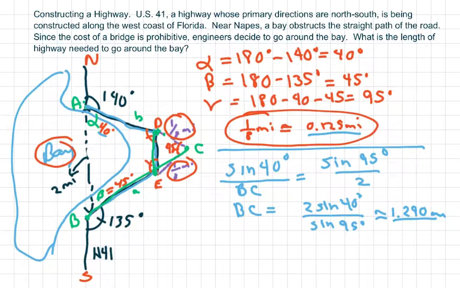Let's do purple. We defined the length of AD, which we already know, the length of DE, which we already know, plus the length of BE.